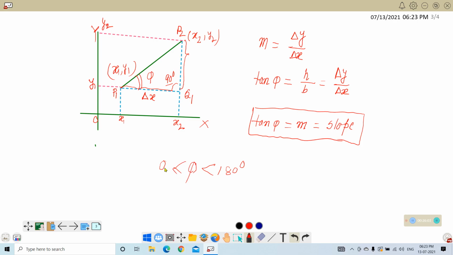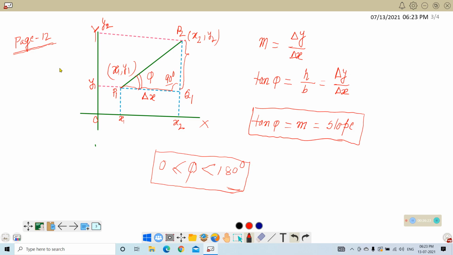So this is another important information for you. So this is page number 12 of the same book. You have to go through the book, page number 12, and study the book.